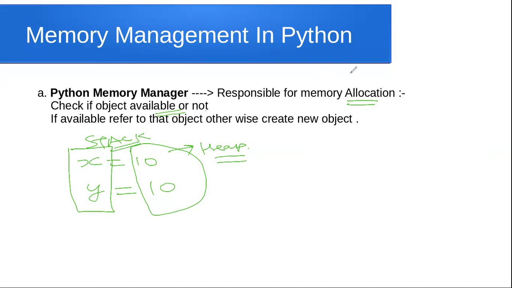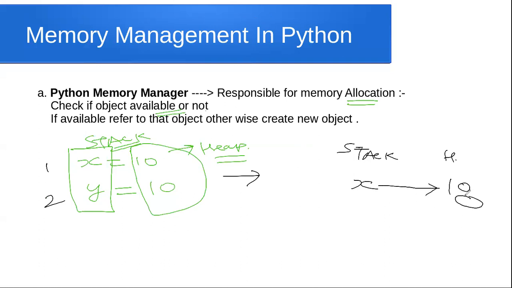Suppose we write the line x equal to 10 and a second line y equal to 10. We have stack memory and heap memory. Here x will refer to the object 10, which has some address.